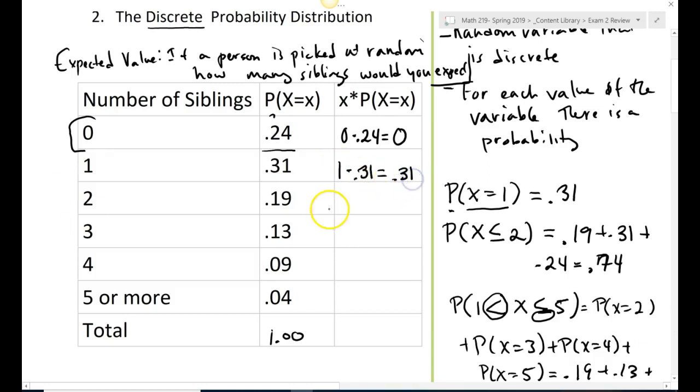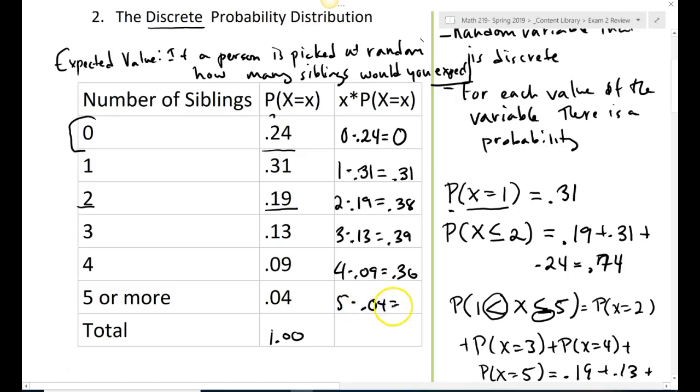So that's 0.31. 2 times 0.19, right? So that's the value of the random variable times its probability. So that's 0.38. 3 times 0.13 equals 0.39. 4 times 0.09 equals 0.36. And then 5 times 0.04 equals 0.2. Okay?